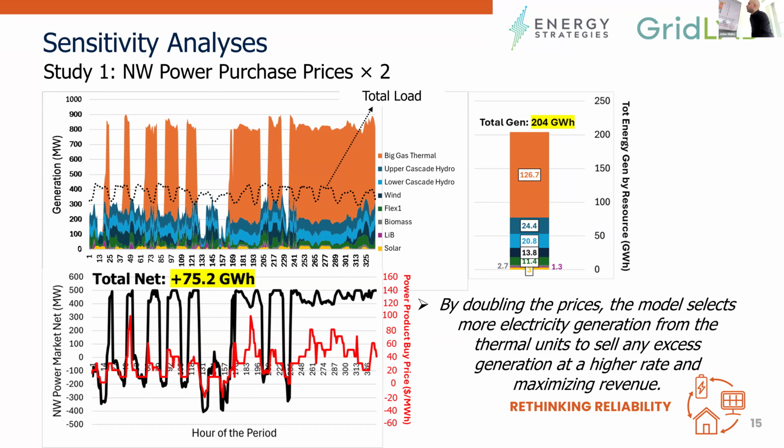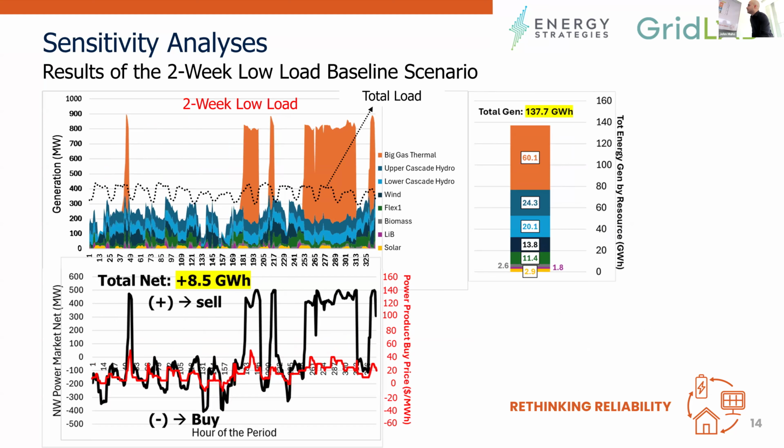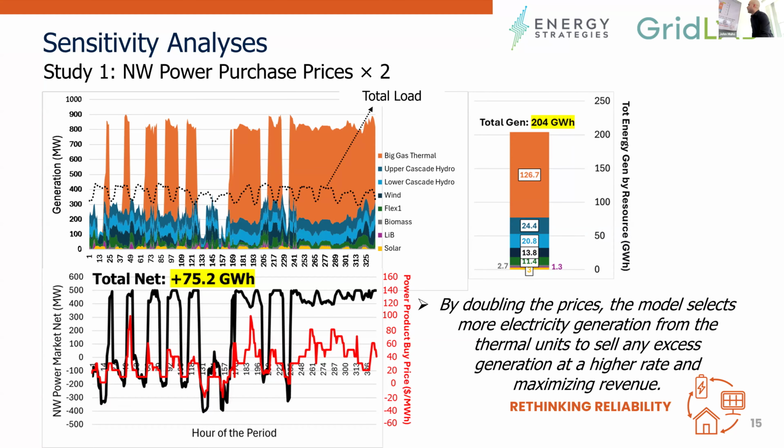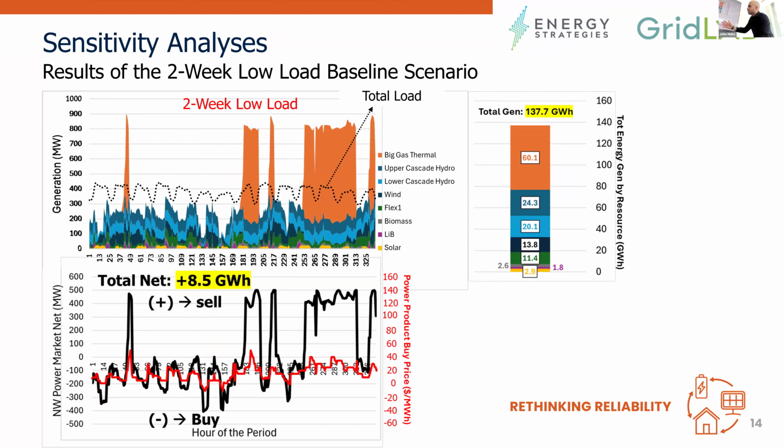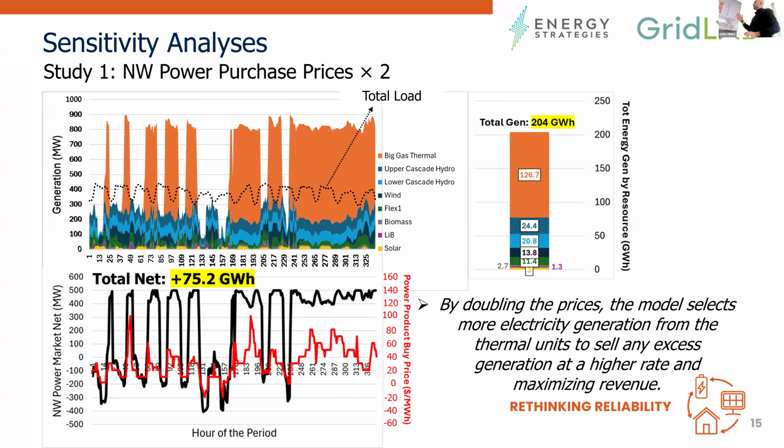If I switch back and forth, you can see how the thermal units generation increases. The total is about 8.5 gigawatt hours for the baseline, but for the study 1 results, it's more than 70 gigawatt hours, almost showing the same increase in the thermal generation.